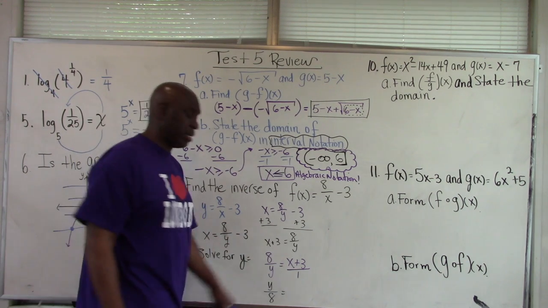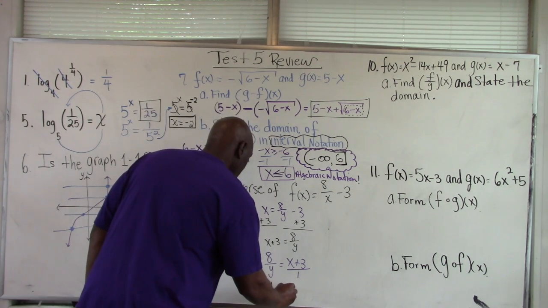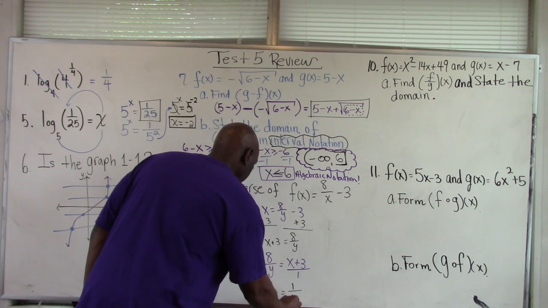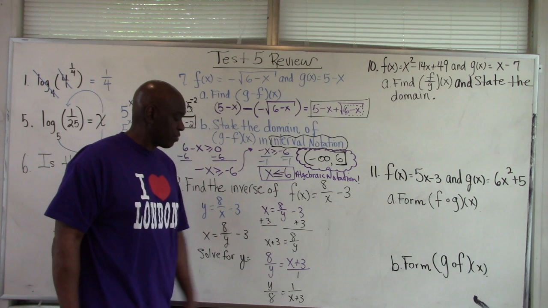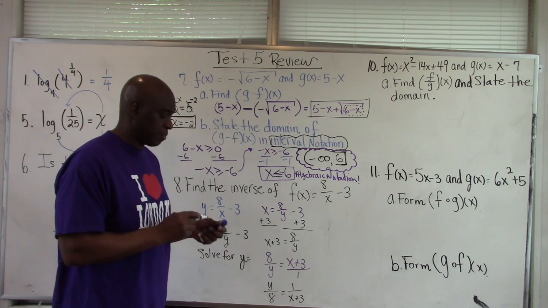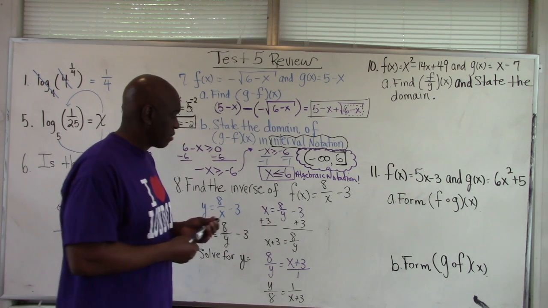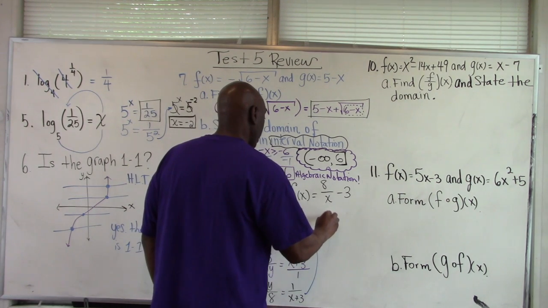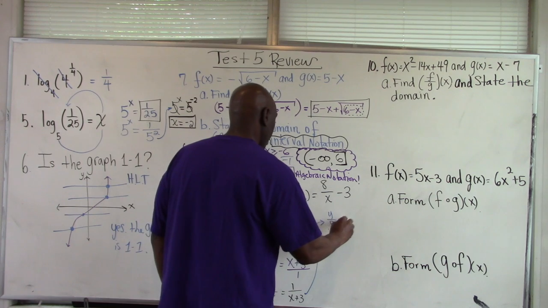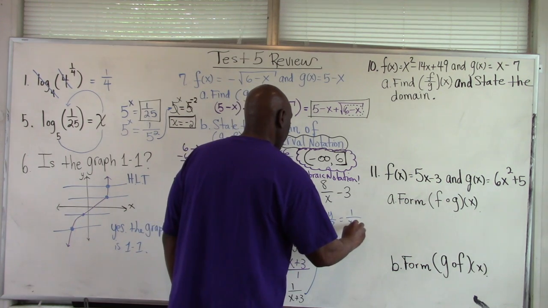This is going to be 1 over x plus 3. So take the reciprocal of both sides. All right, and so we have y over 8 equals 1 over x plus 3.